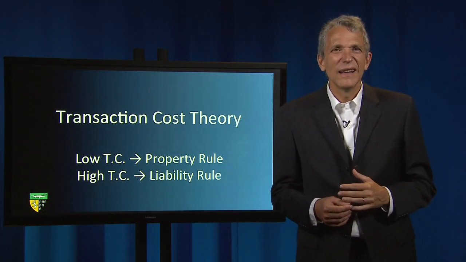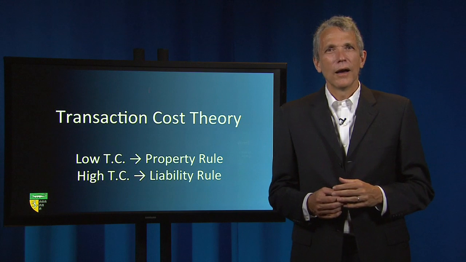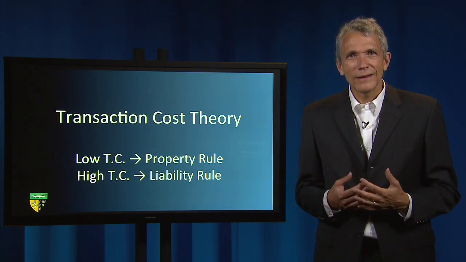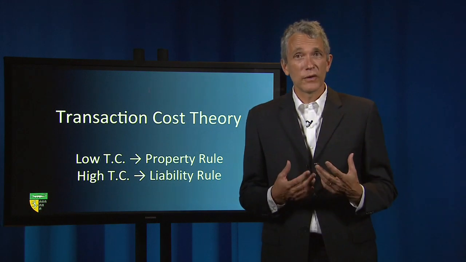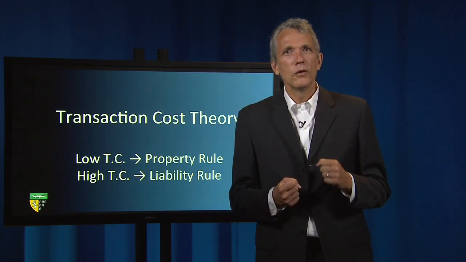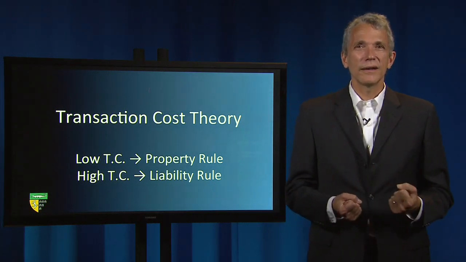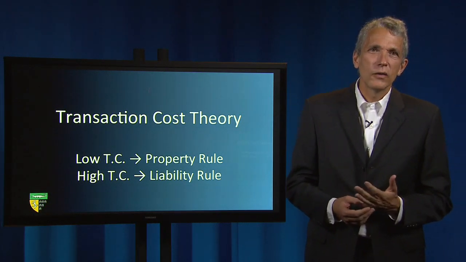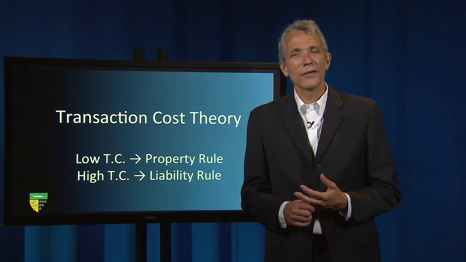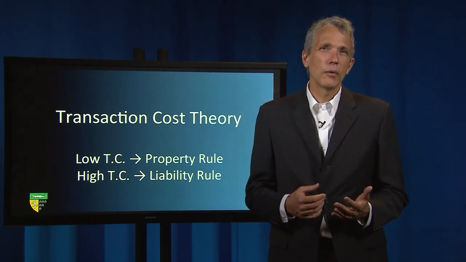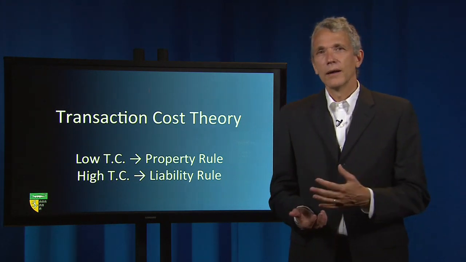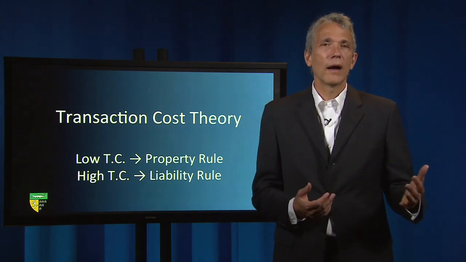If the parties can easily contract, agree to consensually transfer an entitlement, the law is likely to and should protect the entitlement with a strong property rule to induce the parties to expressly contract. The law is more likely to use liability rules when the parties don't have an opportunity to contract. For example, in the tort setting where it would be infeasible to contract with the myriad of drivers who might hit your car.